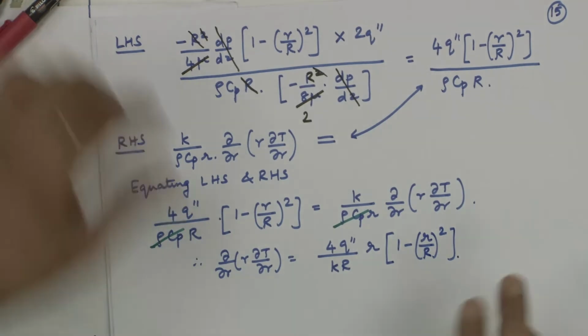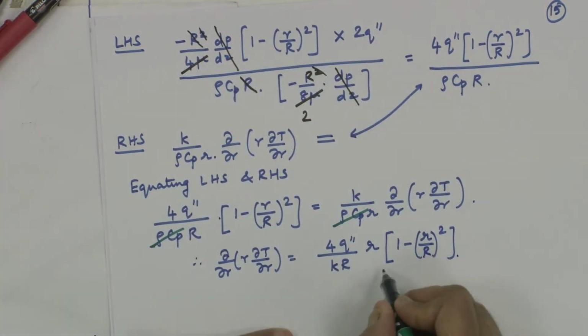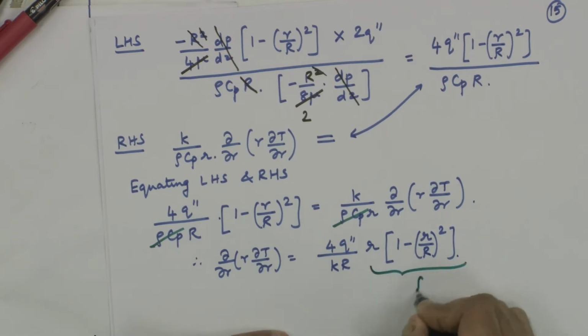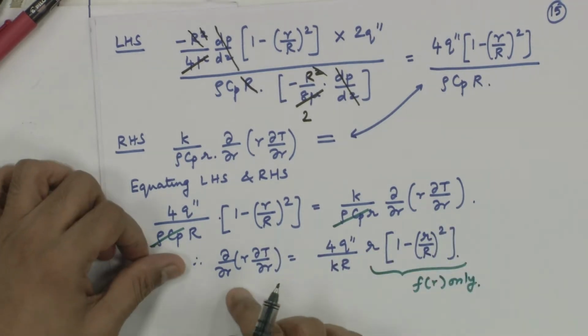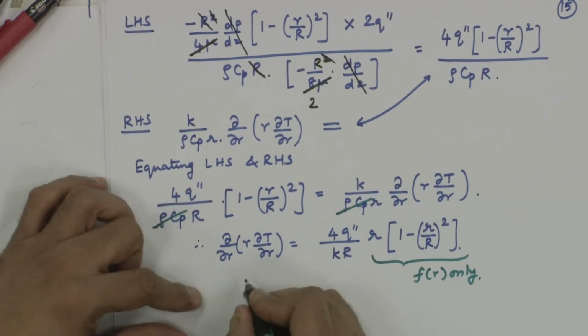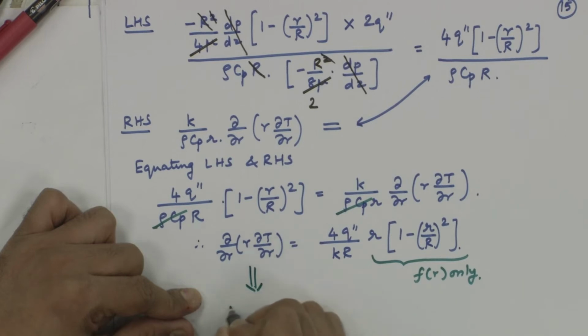Now, let us take a look at this. K is a constant. This whole bracket here is only a function of r, correct? So, everything here is a function of r, therefore, these derivatives are now going to transform to regular derivatives.